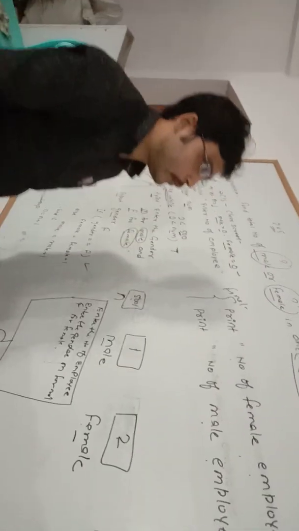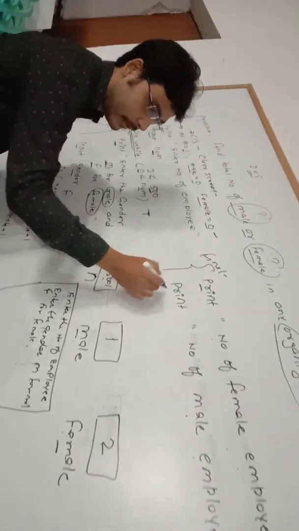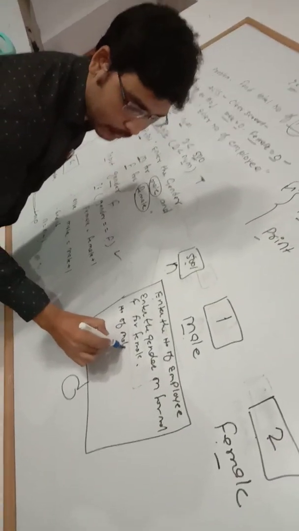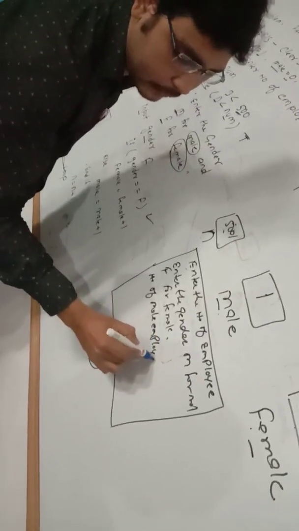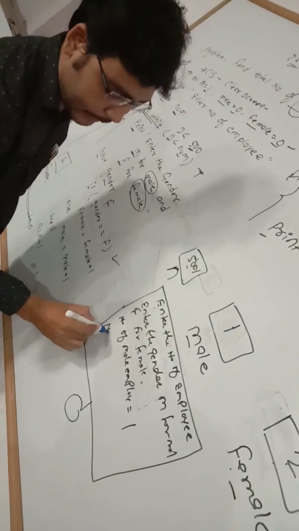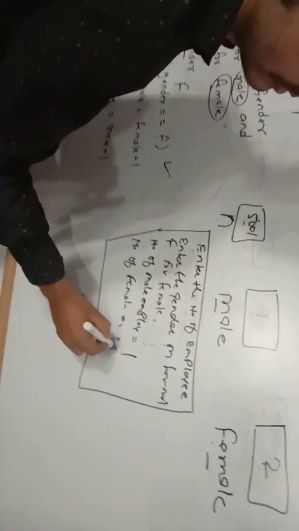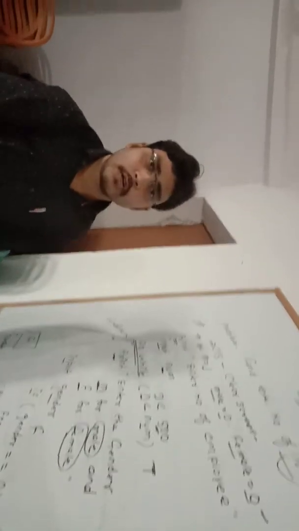So what will be the output here? Again the print command is here, so the result will be the number of male employee 1 and the number of female employee 2. So this is the result, and this program you have to write down in your copy and continue.